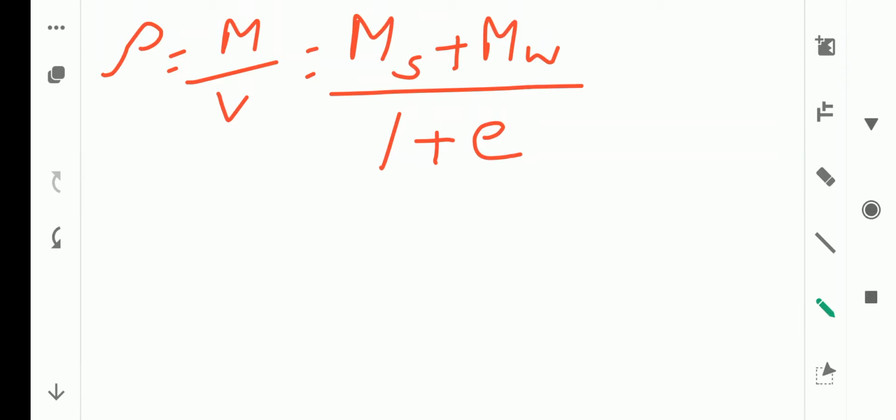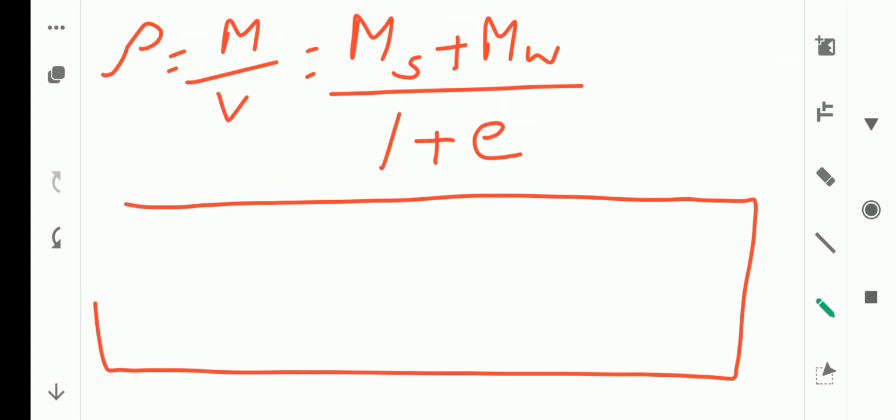Now I'm writing one thing here in a box, try to understand it and say whether you have understood it or not. We know that specific gravity of solids is equal to density of solids divided by density of water. Correct?